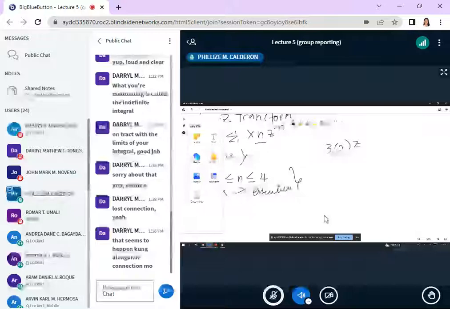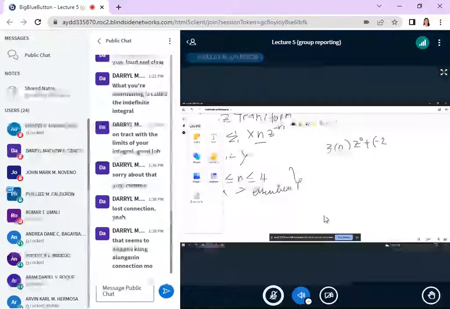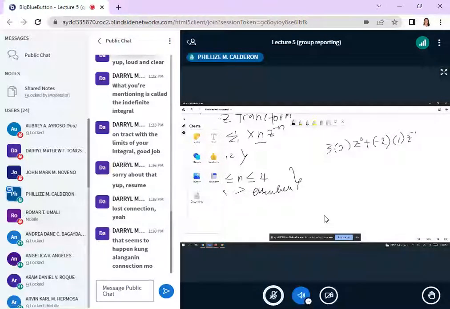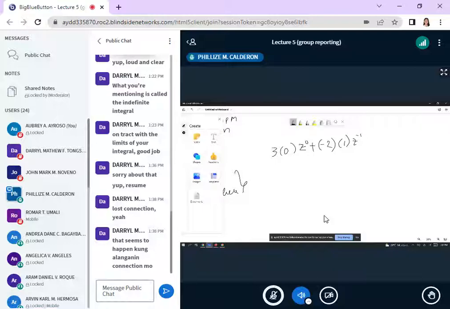Then z, raise siya kung ano yung n natin, or time natin, which is 0, plus negative 2, which is yung given, at time 1, z raised to negative 1, then plus 2 ulit, at time 2, where z is raised to negative 2. So, ito na yung x sub 1 of n natin.